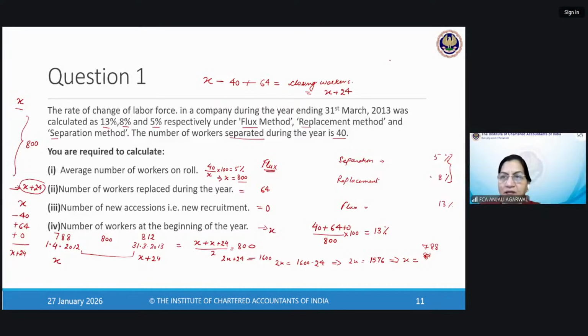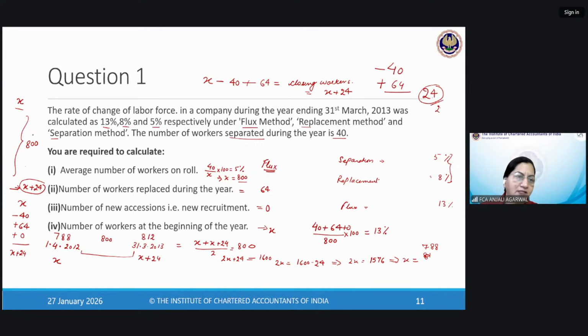Or we can very quickly also calculate like this. 40 joined, 40 left, 64 joined. So there is an increase of 24. So when there is an increase of 24, the average is either 12 less or 12 more, half of the new accretions, 24 divided by 2.